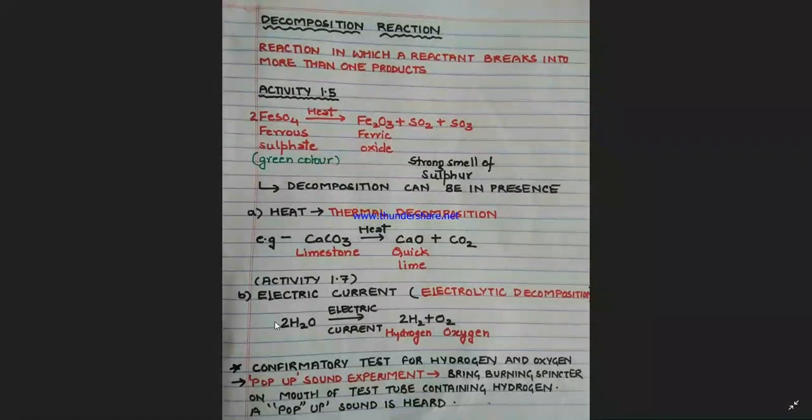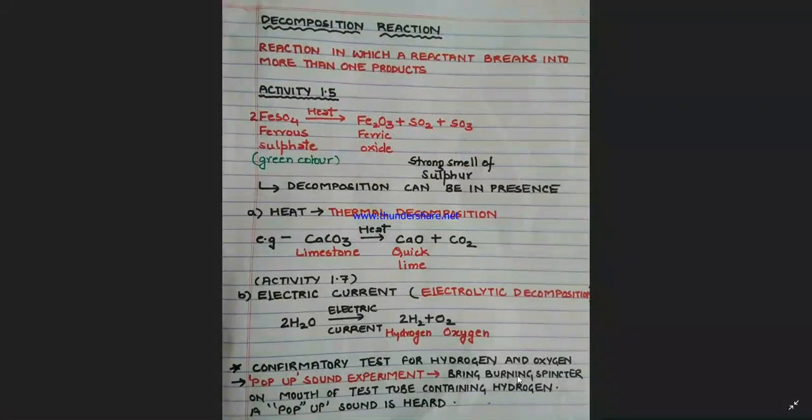We carefully take out the two test tubes. How do we confirm which test tube contains hydrogen and which contains oxygen? That is again with the help of confirmatory tests. For hydrogen, the very important confirmatory test is the pop sound experiment.